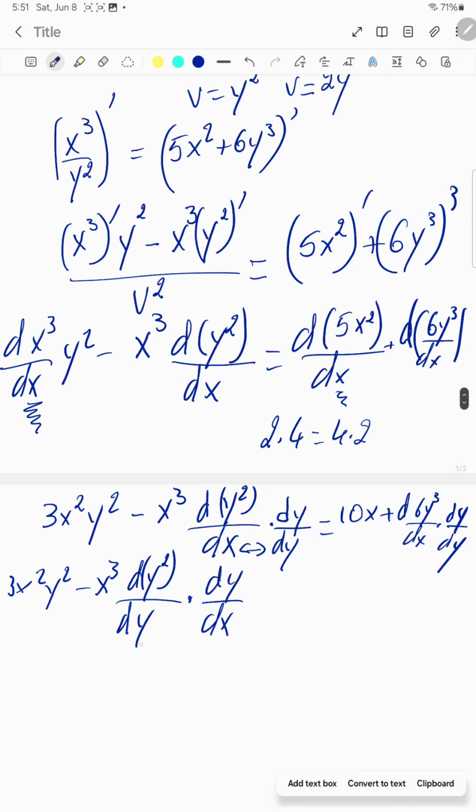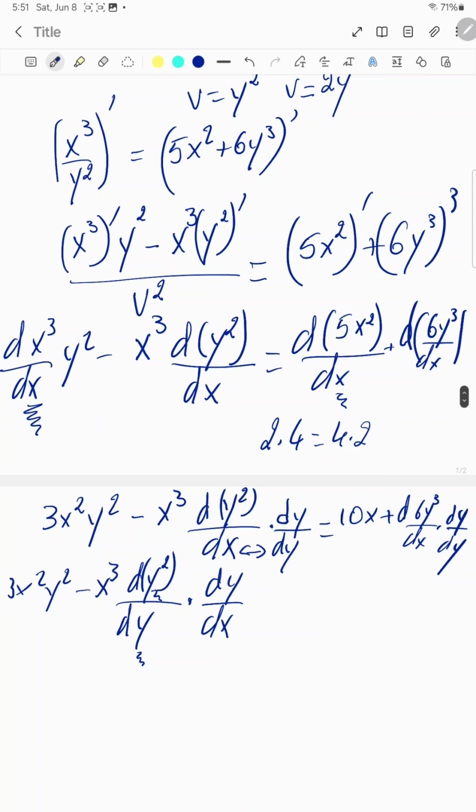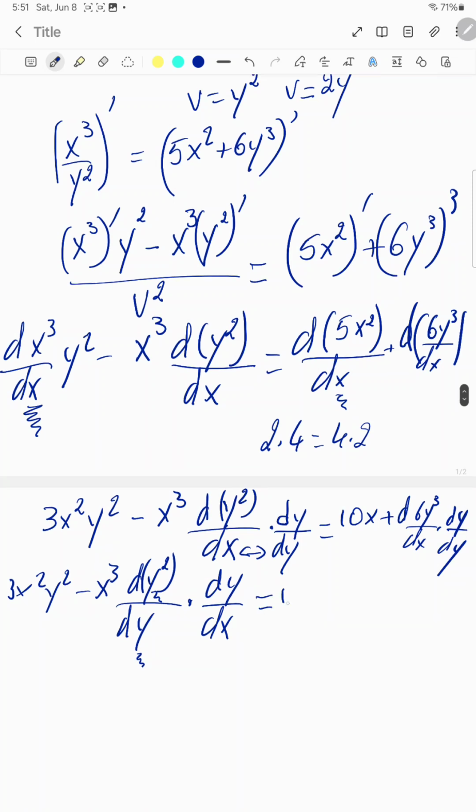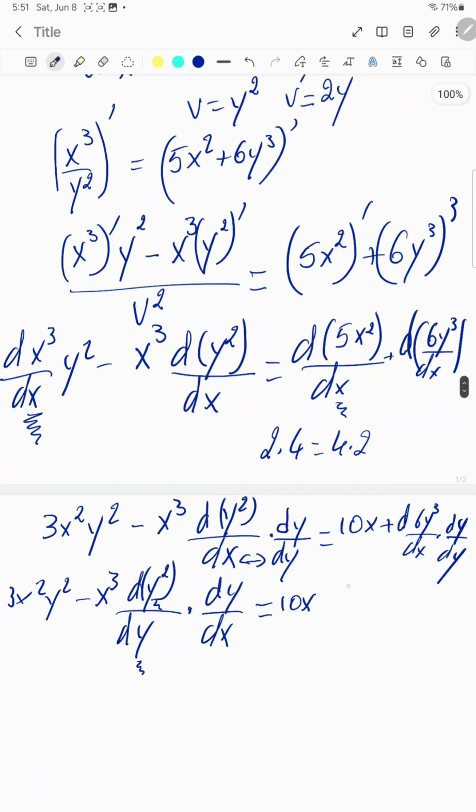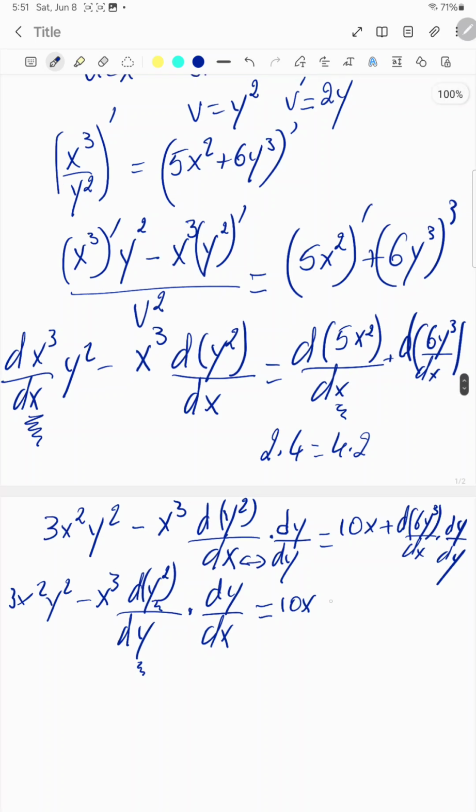And now I'm deriving according to y, which is feasible. Equal 10x, and again I'm going to apply the same logic here, plus d of 6y to the power of 3 divided by dy times dy divided by dx.